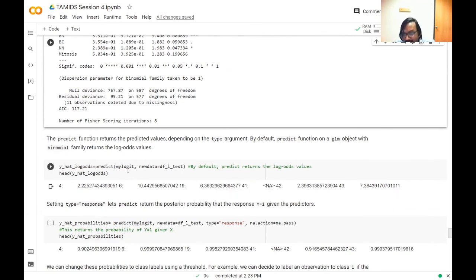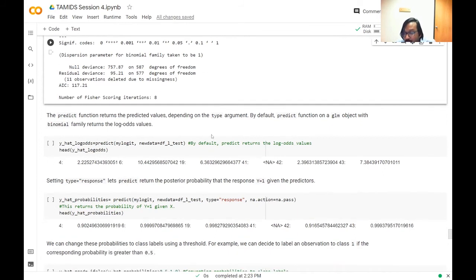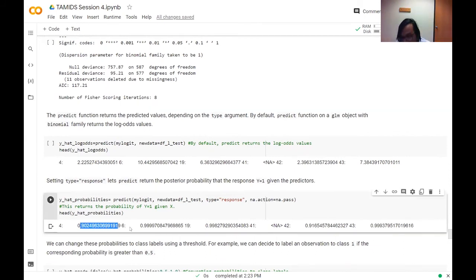To avoid working with log odds and to work with the probabilities, we are going to use type equal to response. Once you use type equal to response, you actually get the probabilities that the response is equal to 1 for the individuals. That means for patient number 6, there is a 99.9% chance that the person's tumor is malignant.